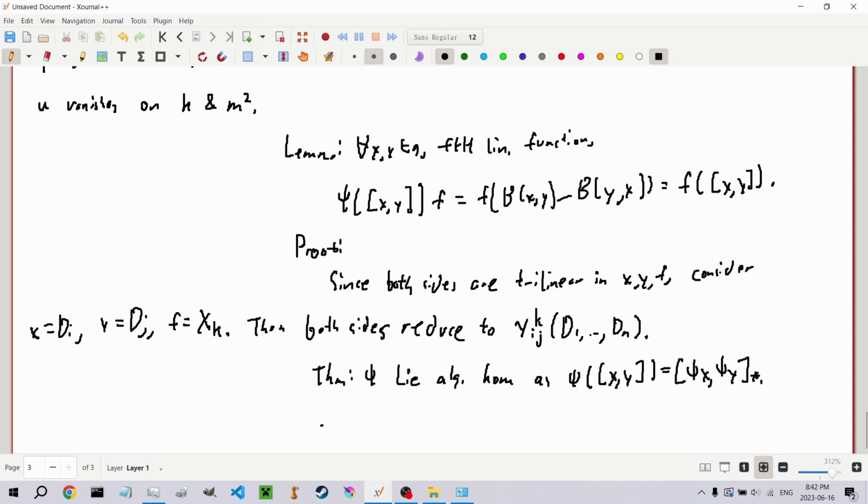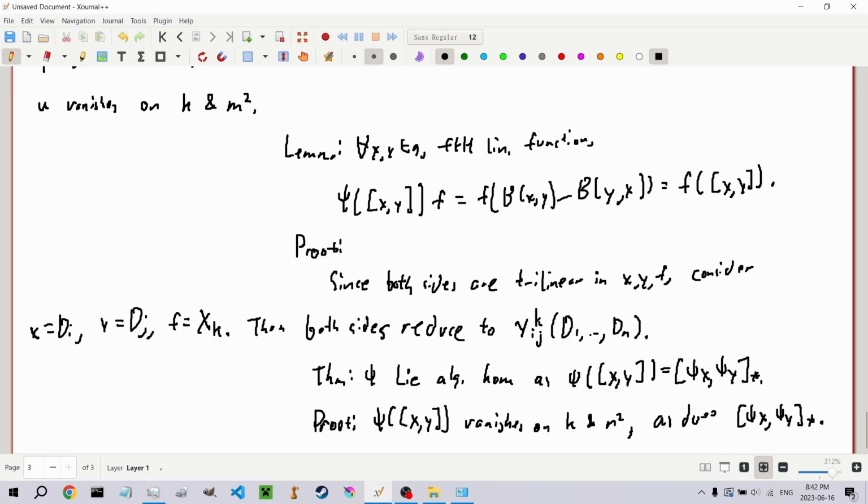Now we know that C of x and y vanishes on k and m squared, as does Cx and Cy on our star bracket.